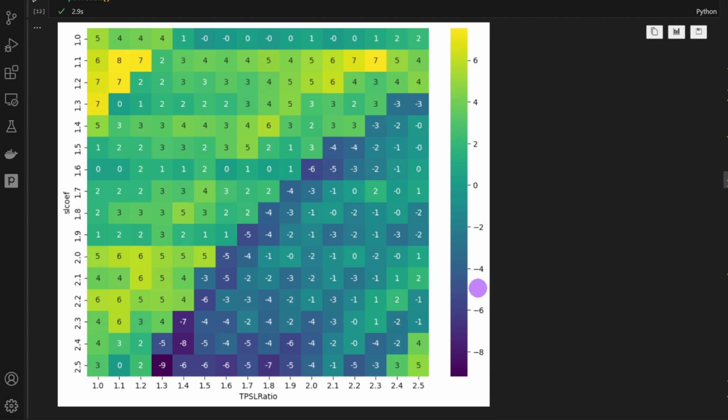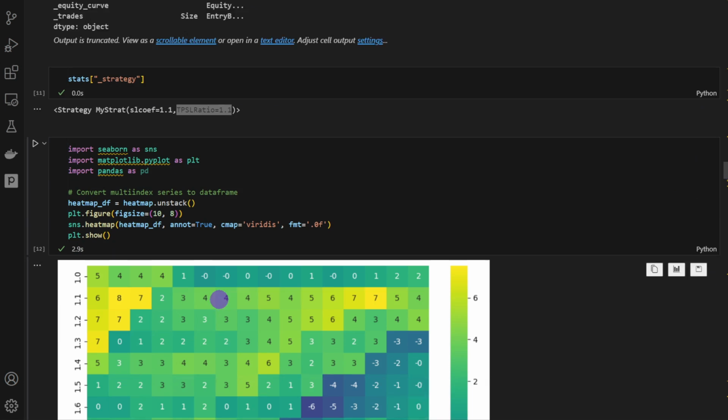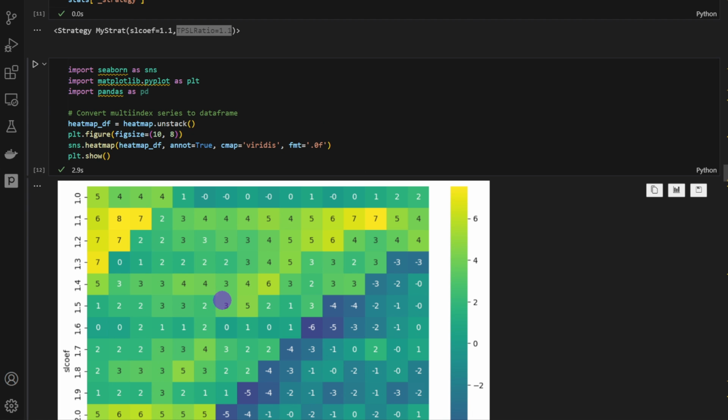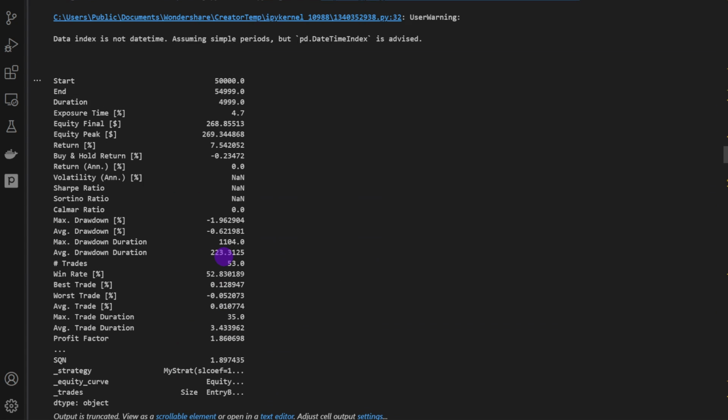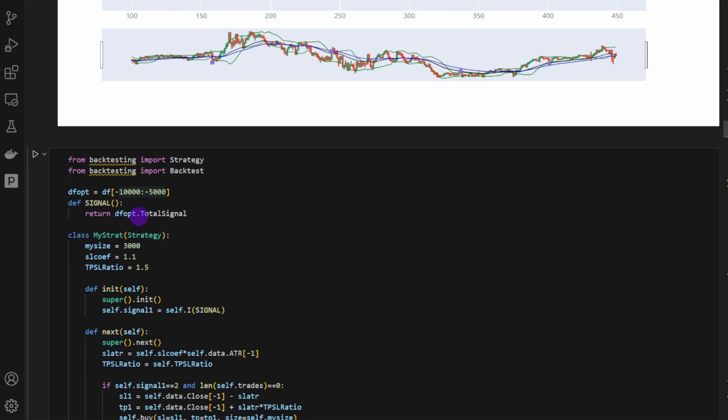Now, the idea of forward testing is to test these parameters on new data, because obviously these parameters would work on this data because we have tuned these parameters and fit them to work on this set of data. And we're talking about this slice between minus 10,000 up to minus 5,000.